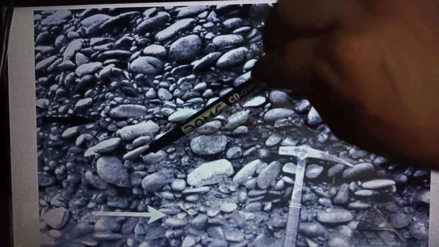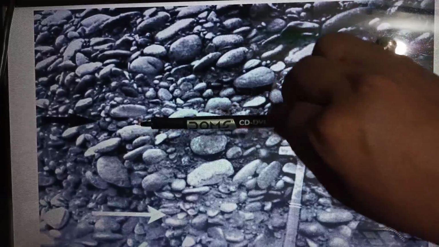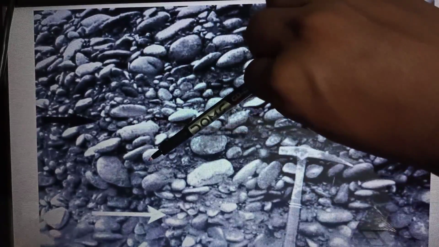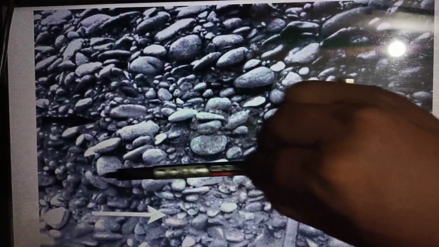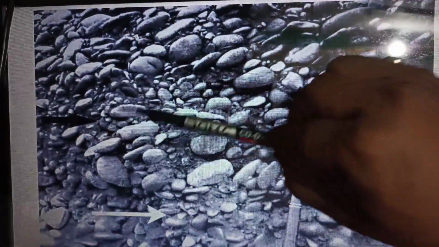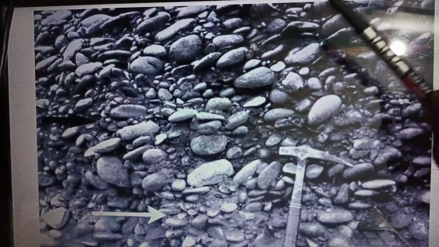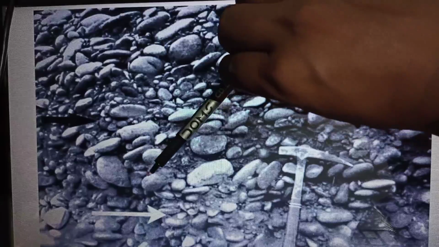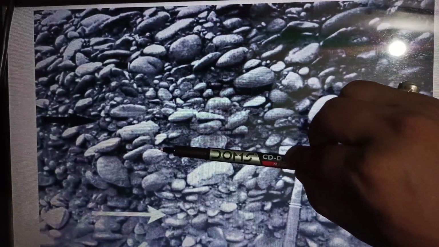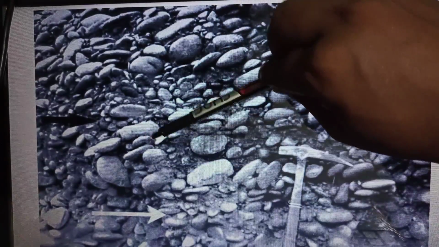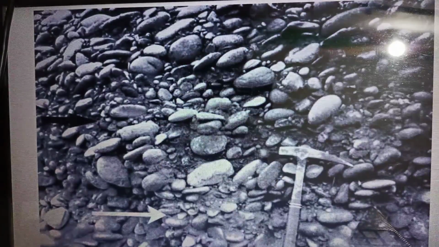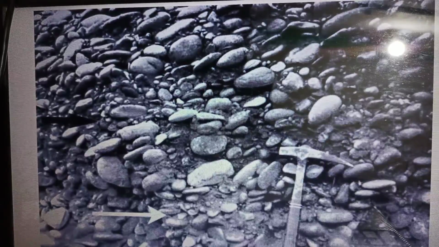Not exactly in this direction or that, but in between, at this angle. The direction is this, and the grains are oriented approximately along it. Not all grains are oriented in this direction, some may be different, but the maximum number of grains are oriented in this direction. This is the orientation you could see here.